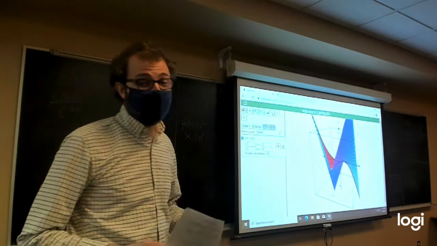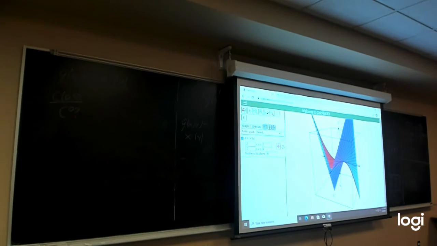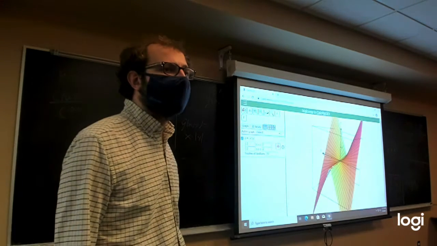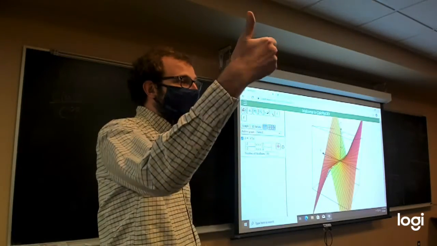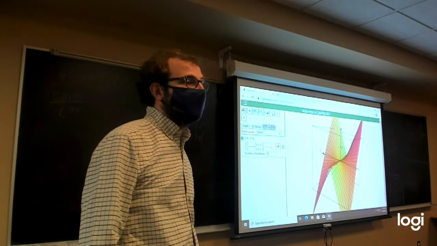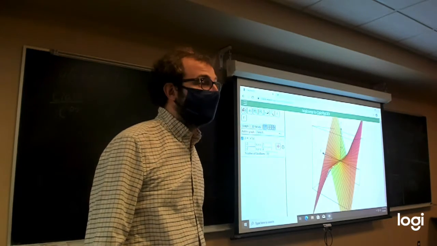Meaning, at any point, we could just find the limit by plugging in that point, x comma y, into the function? Show of thumbs, yay or nay? Let's see, lots of thumbs up.